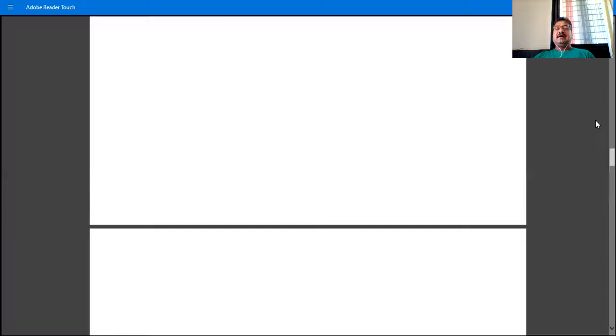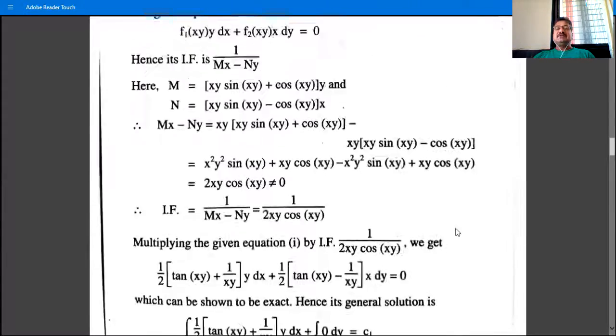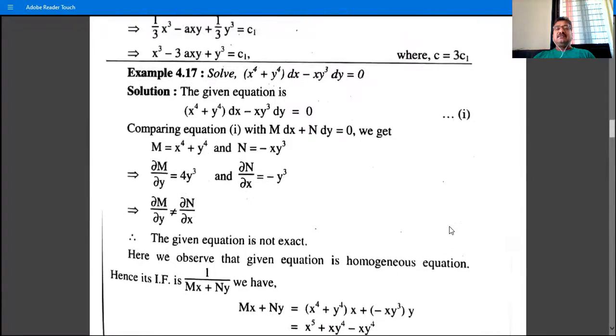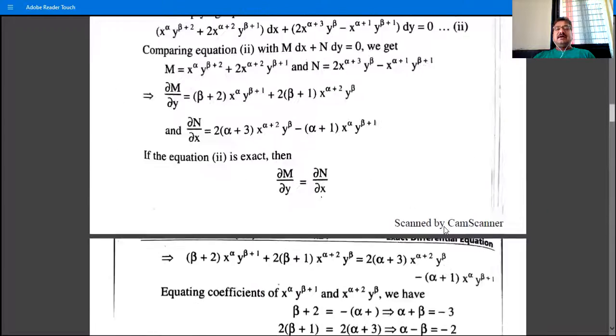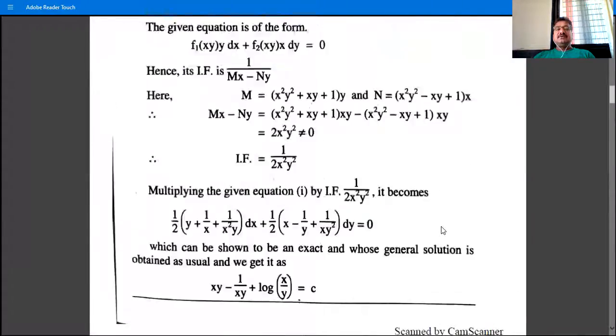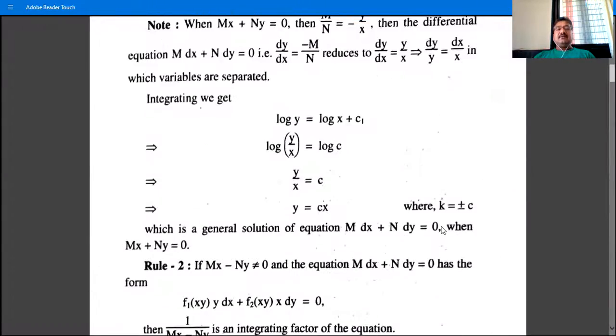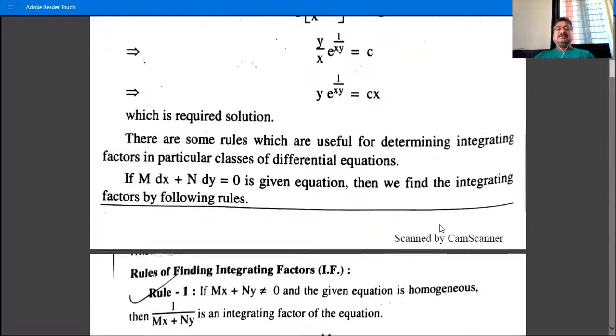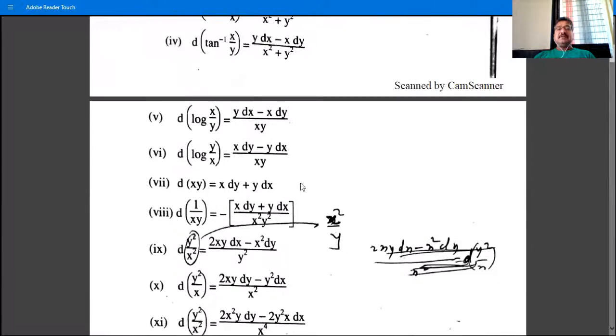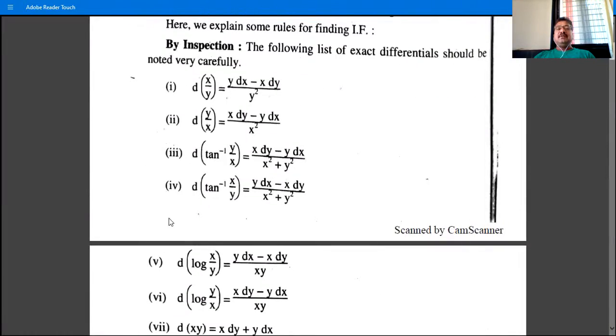To find the integrating factor, there are in all 6 methods: 5 rules, and 1 method is the integrating factor by inspection method. At the beginning of this topic, we observed these 6 methods. This is the inspection method, where we use these formulas to obtain the integrating factor.